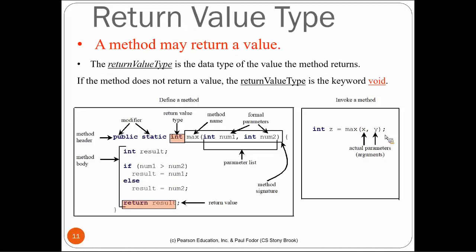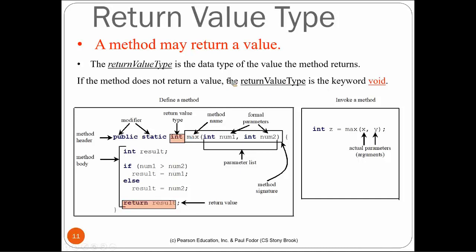The method may also return a value. In this example, we are returning the result, which is an integer. Therefore, the return value type is integer. Such a return type is required.